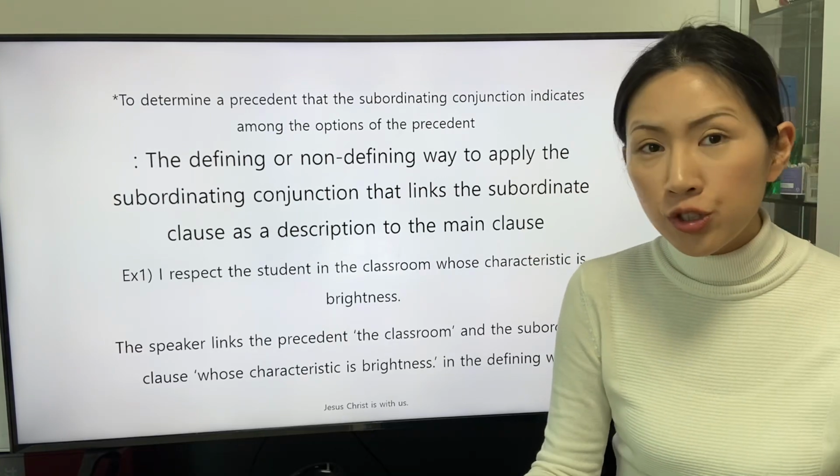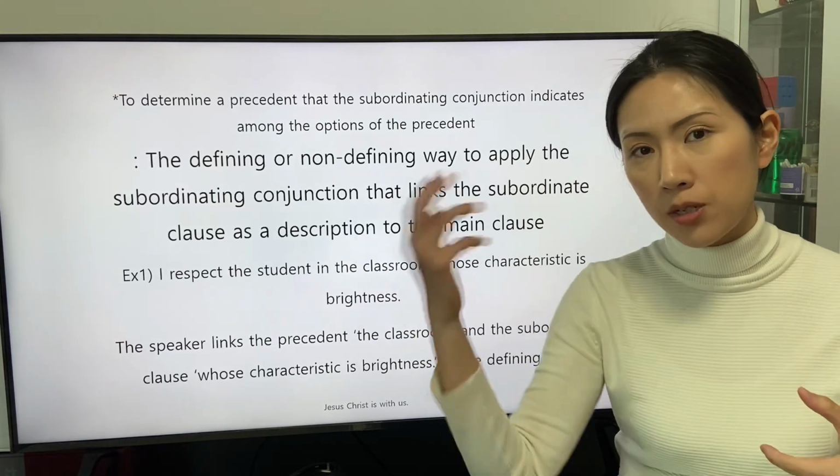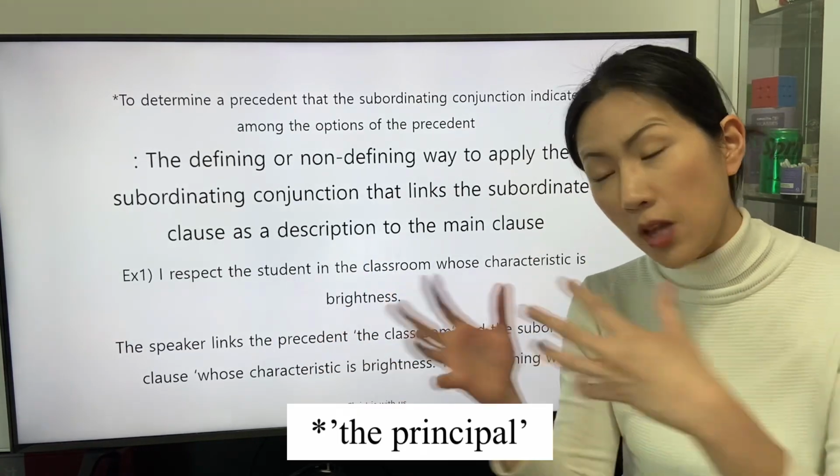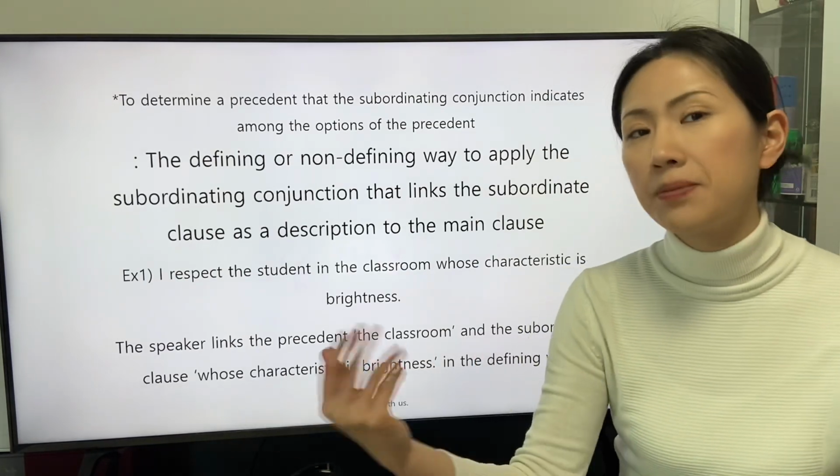The contextual understanding about the relationship between the subject and the object is applied.